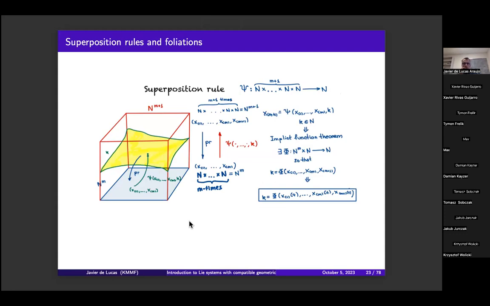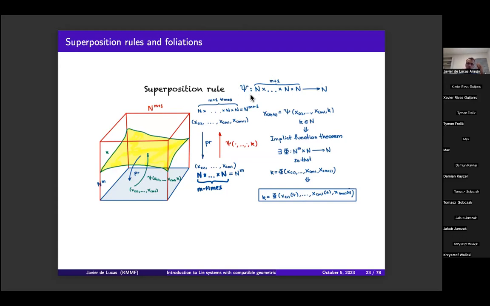For Cariñena, Grabowski, and Marmo, the way of thinking about the superposition rule was by means of a foliation. You know, the superposition rule is something where you try to have m particular solutions and one parameter accounting for the initial conditions of your problem, somehow generating a certain solution.